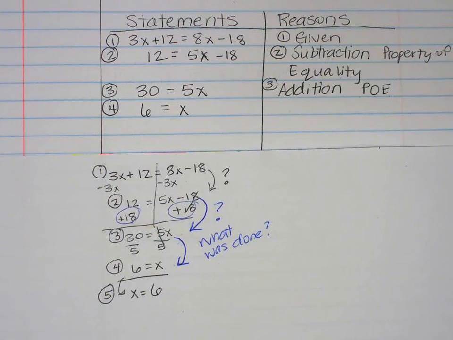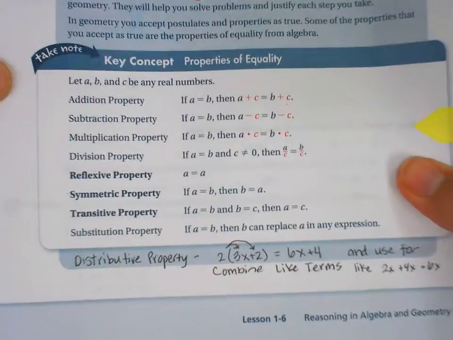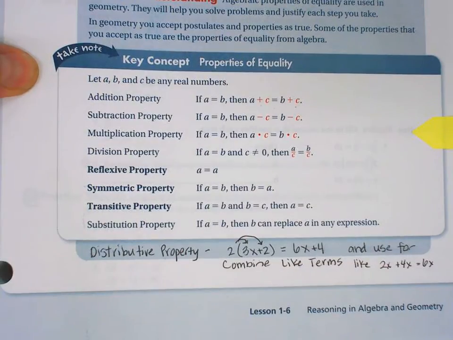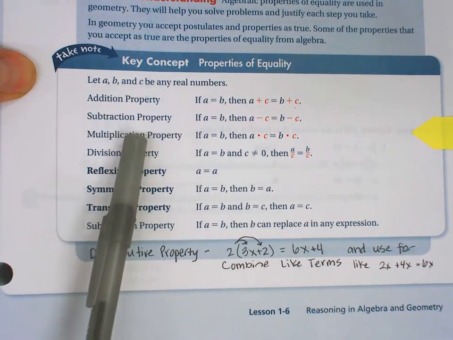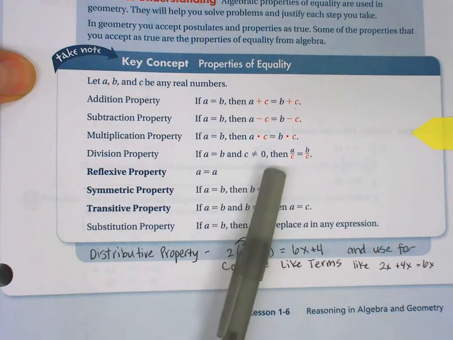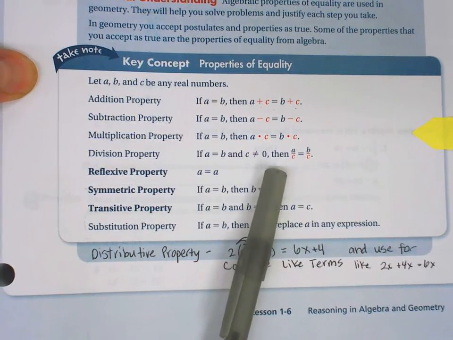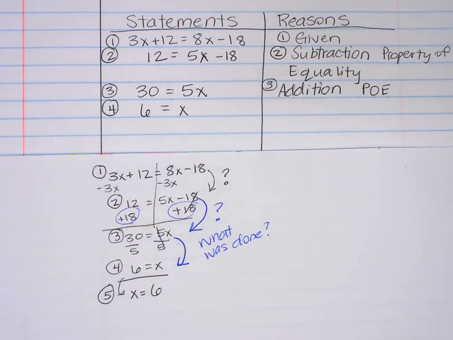So, again, you guys, sorry, I haven't really shown it, but I keep looking at this page 41. There's addition, subtraction, multiplication, and division properties of equality. So these are the ones that I'm looking at. I'm not just making them up. I am actually using the book.